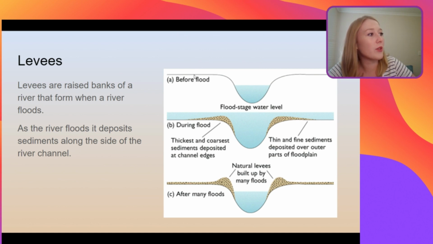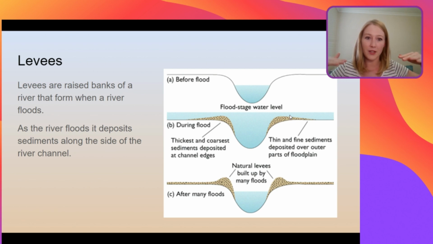We have a river over here before flooding. We have the river flooding, so you can see that the river reaches outside onto its banks, and then it will deposit the material. So because there's a lot of friction on the outside of the bank, it will slow down and it will drop whatever it's carrying.